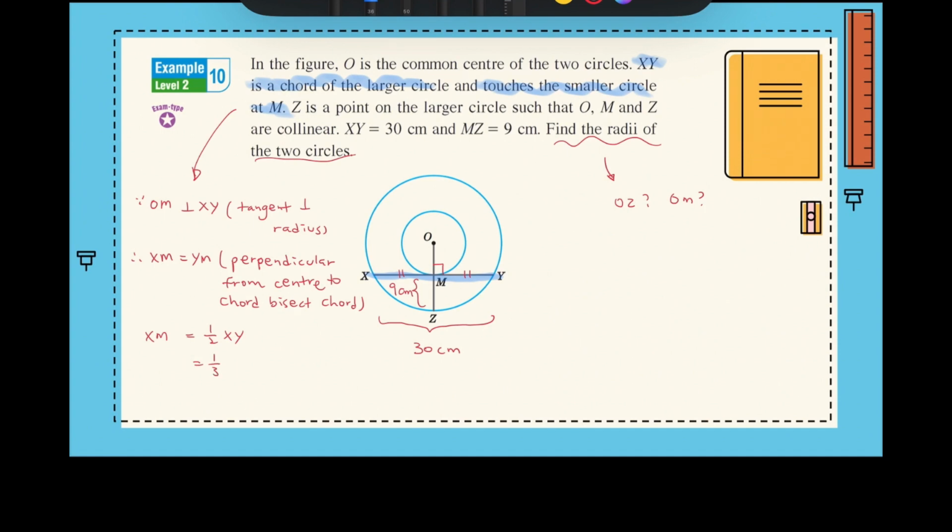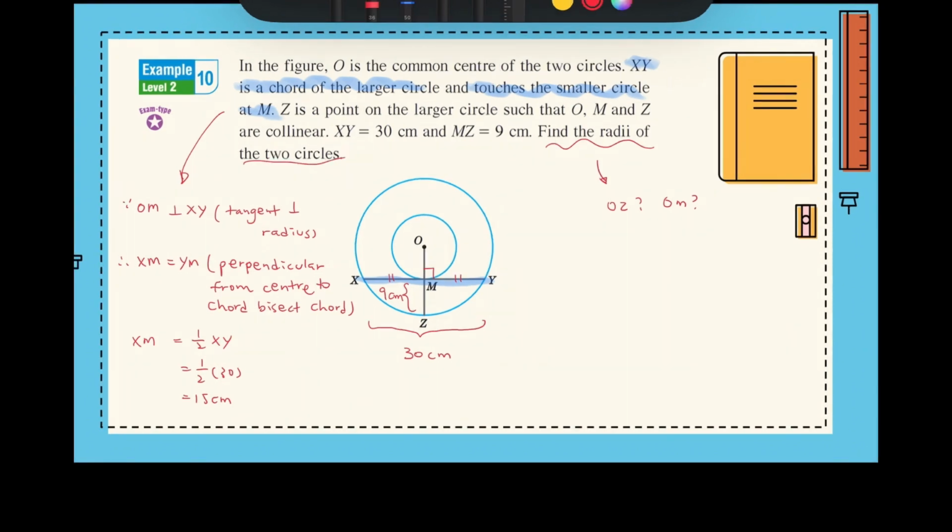So what does it mean? It means XM is half of your XY, which is half of 30, and that is 15 cm. We now have more information, but we still do not know what our OZ is, and we do not know what our OM is.